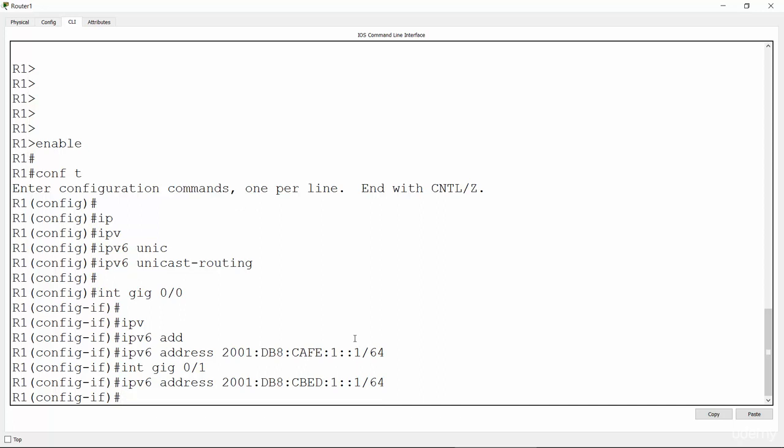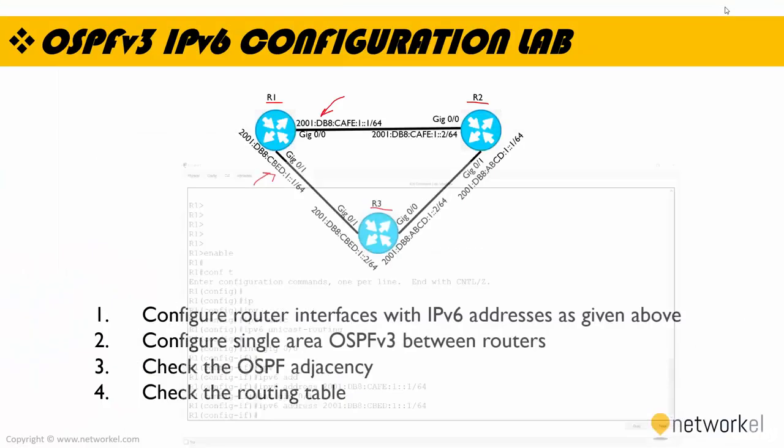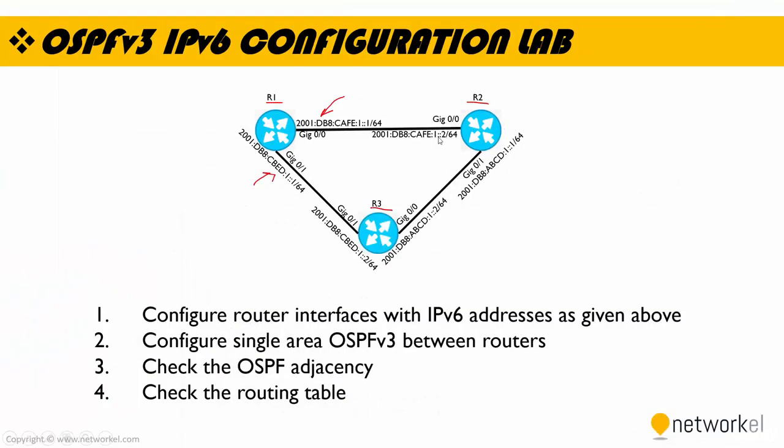Okay, let's go to router 2. It's going to be ::2 and ::1 for the other side. This is ABCD and this is going to be CAFE.